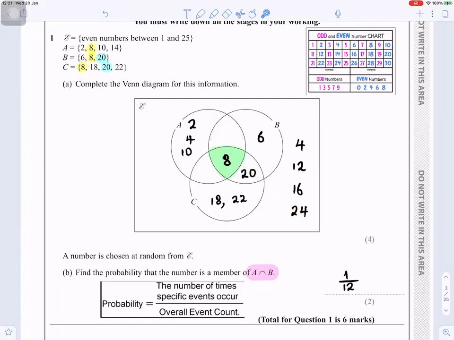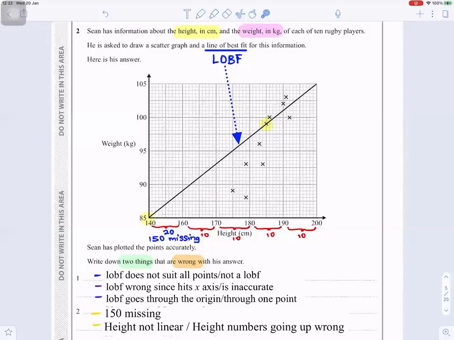But altogether there are 12 numbers. So you can use the probability formula. Probability is the number of times a specific event occurs. How many numbers are there? 1. Overall event count, total number, is 12.